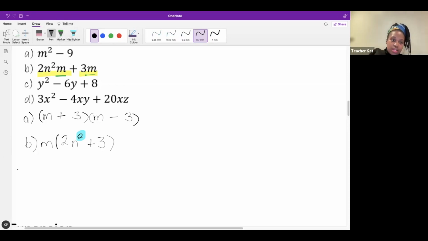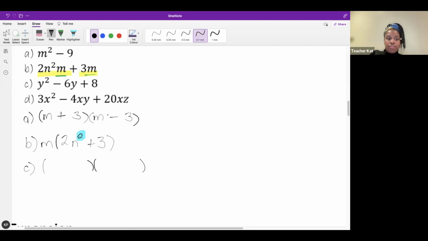All right, let's look at C. What are we going to do with this one? Firstly, is there a common factor? Let's look. Y squared minus 6y plus 8. There is no common factor, right? So how are we going to factorize C? It's a trinomial. Okay, there are 3 terms. So that means I will open up 2 brackets. Great.